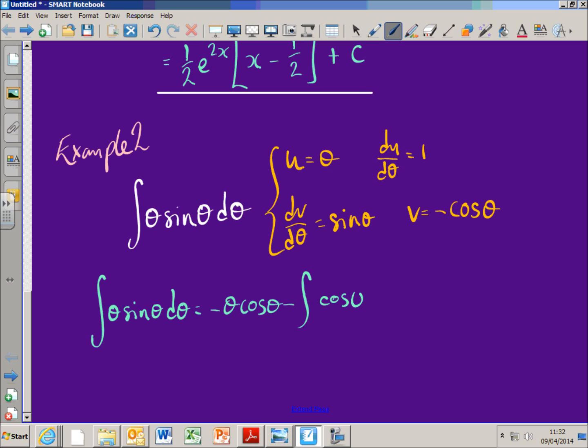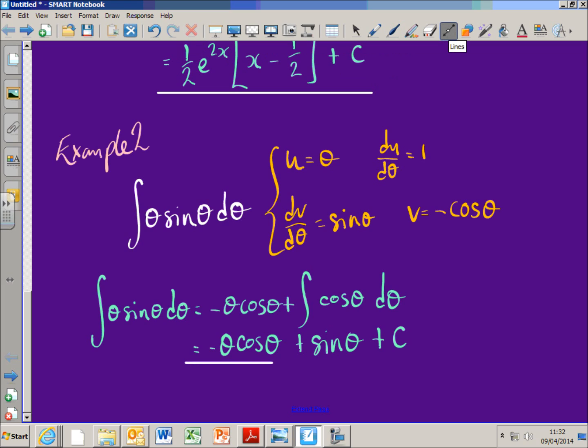Now if it's minus cos theta, I can take the minus out front and that becomes a plus there. Is that okay? Right. So now I just need to sort out this bit on the right. That stays the same. Integration of cos theta is sine theta. And there's a plus c as well. Okay, that's it. Done.